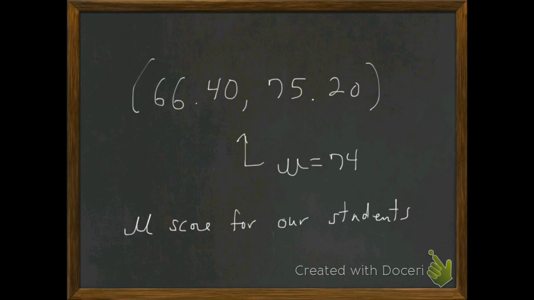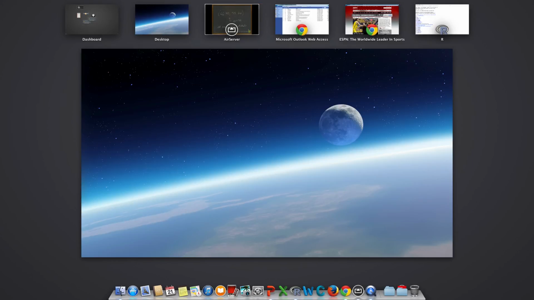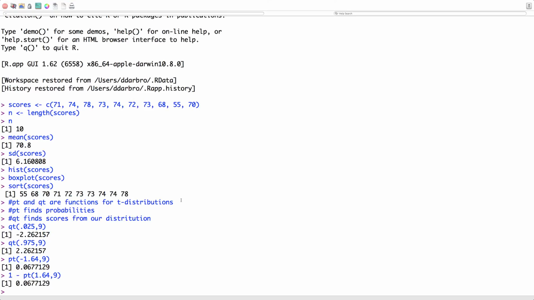Now, let's see how this carries out in R. Okay? Turns out it's really, really easy. Kind of cool. There's a function in R that allows us to carry out a t-test. So if we just do t-test for our scores with mu equals 74, my bad.